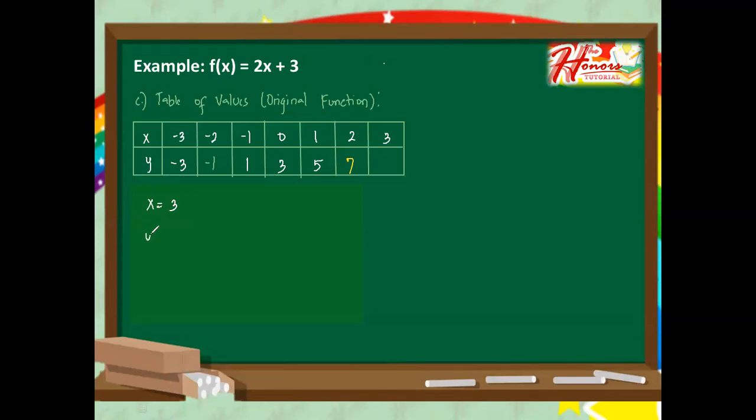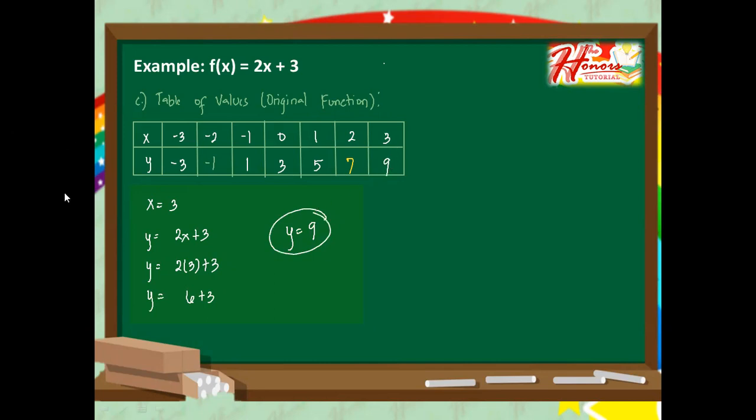Original function is y equals 2x plus 3. Substitute the value of x, that is 3, so that is 2 times 3 plus 3. So y equals 2 times 3, that's 6 plus 3. Y equals 9. So the answer here is 9.